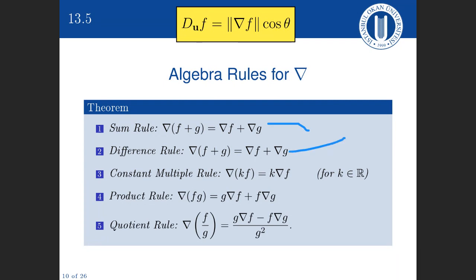The difference rule, there's a typo here, it should be minus. Nabla of f minus g is the same as nabla f minus nabla g.